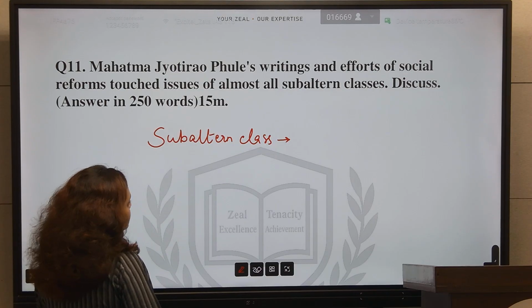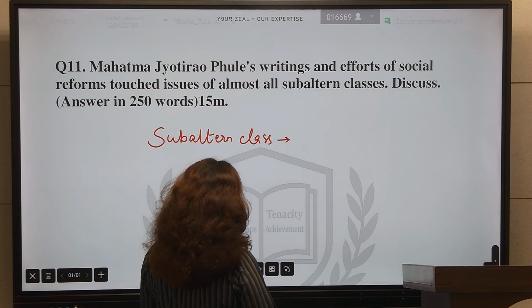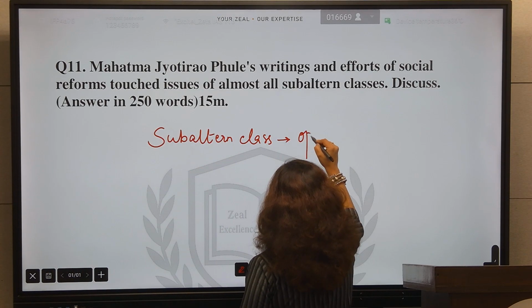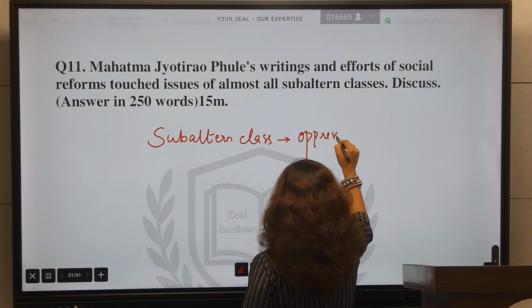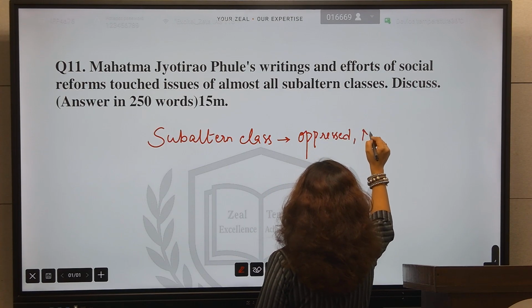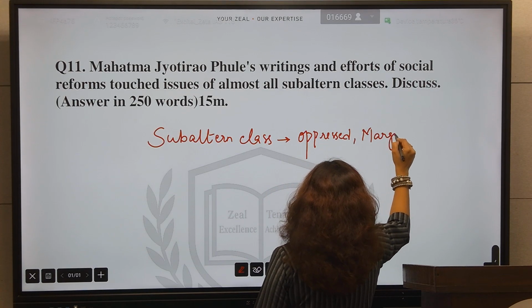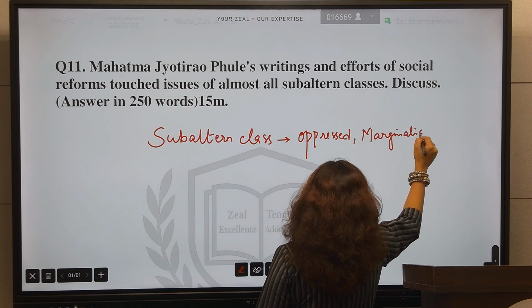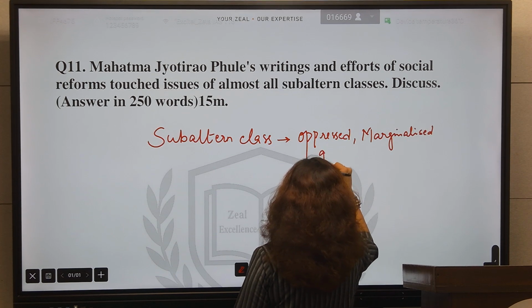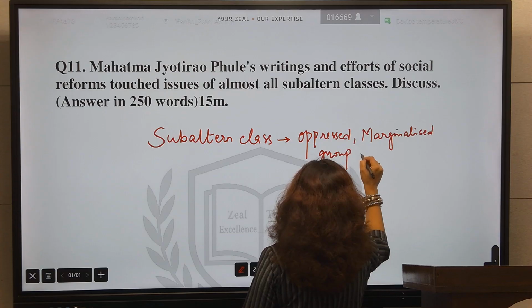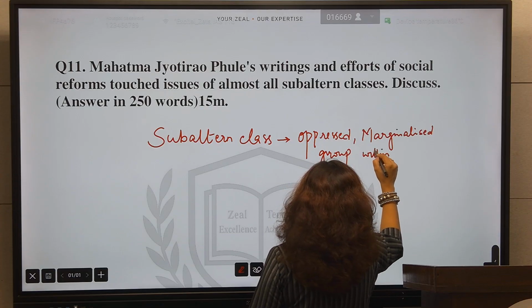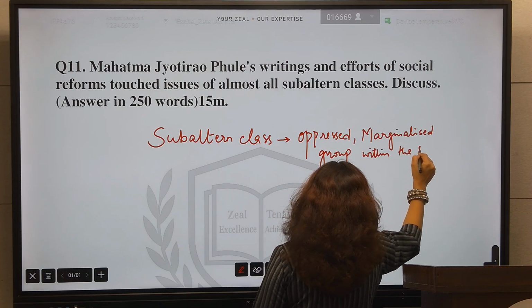Subaltern class refers to the most oppressed and marginalized group within the society.